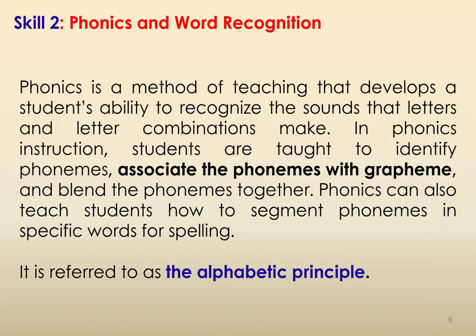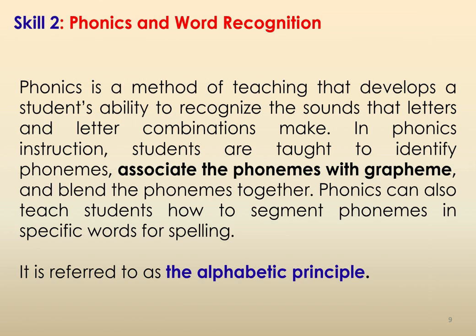In a typical phonics lesson, we teach students to identify individual phonemes, to associate them directly with written graphemes, and blend them together to read a whole word. Conversely, we also teach them how to segment a spoken word into individual sounds to help them write and spell. So, this fundamental concept is widely known as the alphabetic principle.